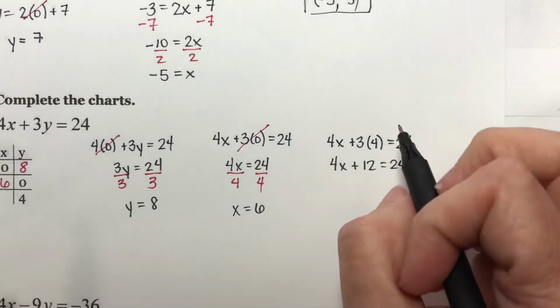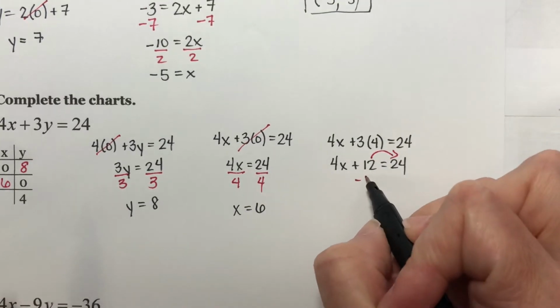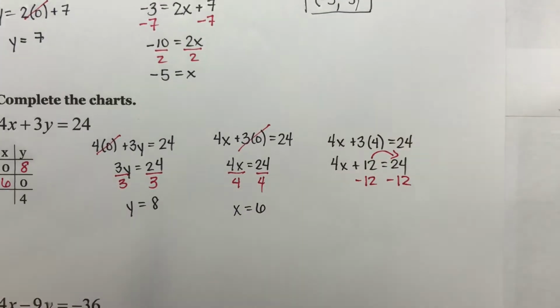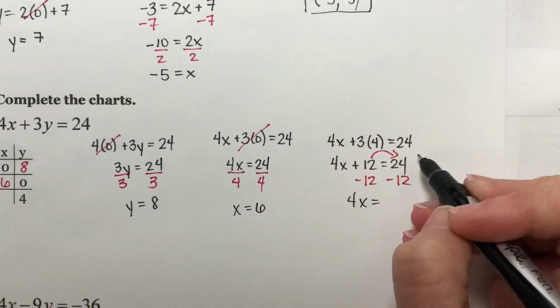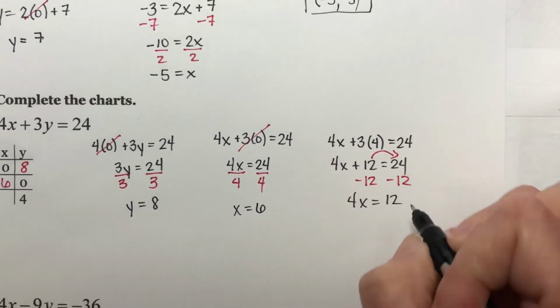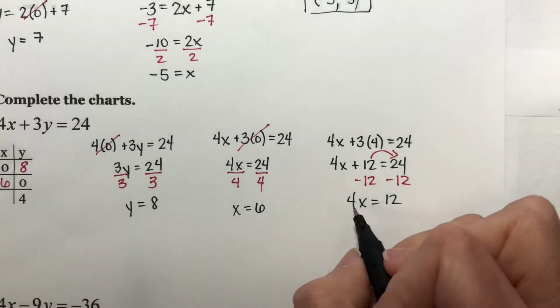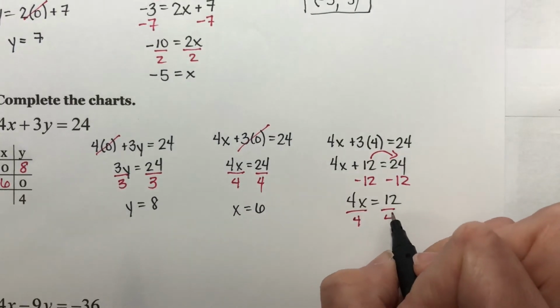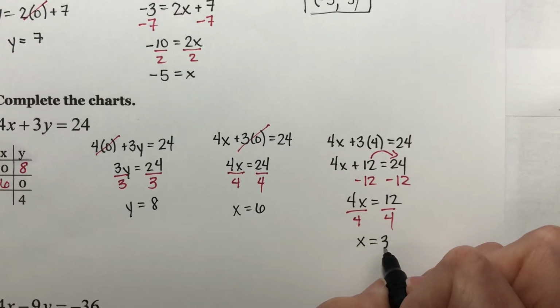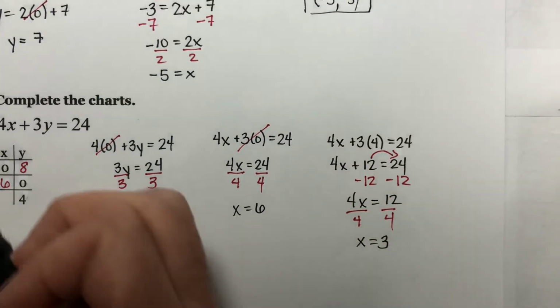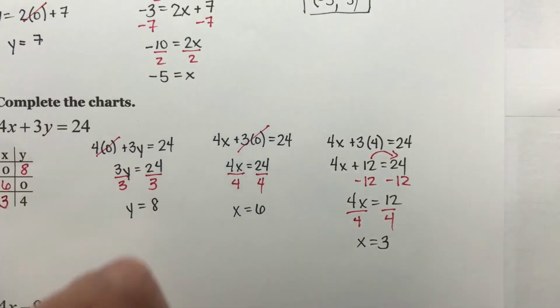I want the x alone, so I need to subtract 12 from both sides, which gives me 4x is equal to 24 minus 12, which is 12. Now divide both sides by 4, and we get that x must equal 3. So in this position, we get a 3.